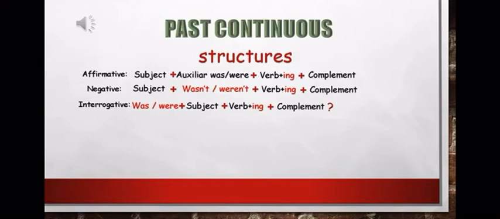In the negative sentence: subject, wasn't or weren't depending on the subject, verb in present plus ing, and the complement. And the interrogative sentence: was or were, the auxiliary depending on the subject, subject, verb in present plus ing, and complement.